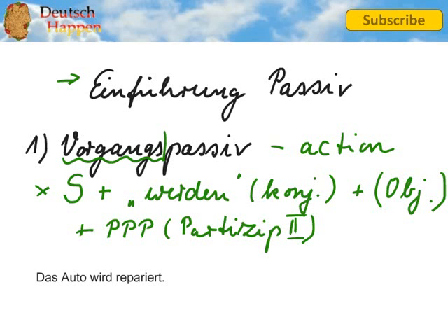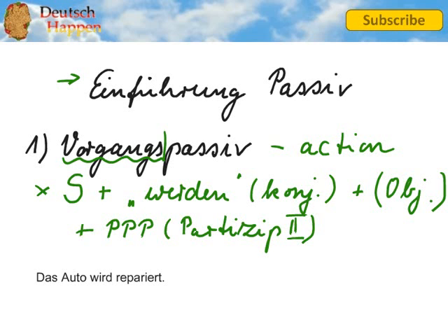also often referred to as Partizip 2, because Partizip 1 is usually the participle in the present active, and here we need the passive as we want to form passive. So we have a subject once again, a conjugated form of werden, optional, you can put an object and your past participle.